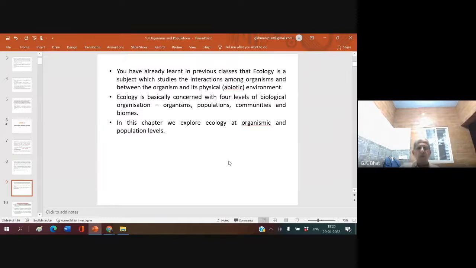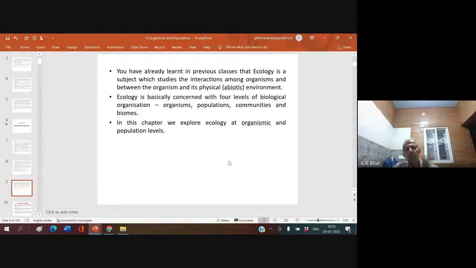What do you mean by biomes? A biome is a specific area with its own distinct fauna and flora. A distinct fauna, distinct flora, and distinct type of environmental condition and habitat make one a biome. Your ocean is a biome. Your desert is a biome.